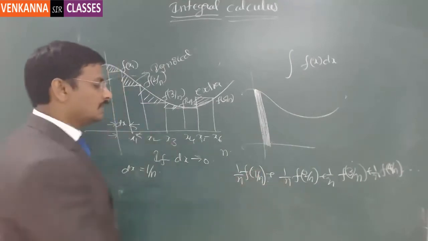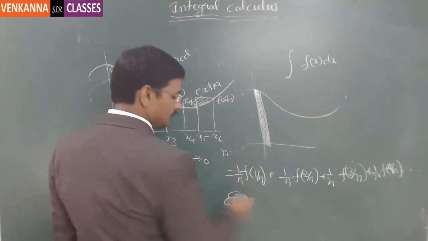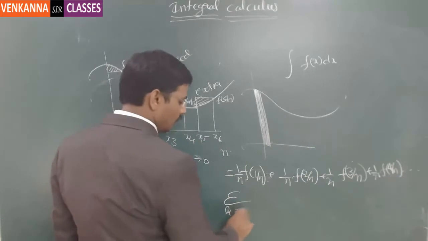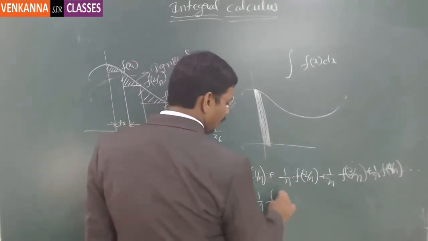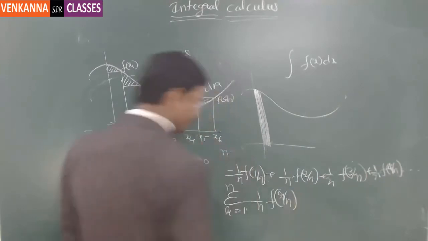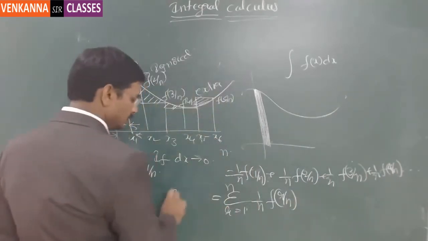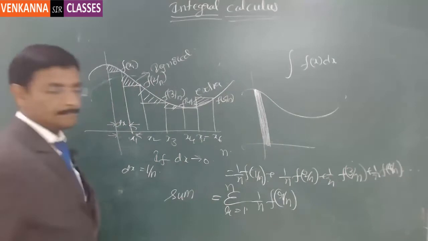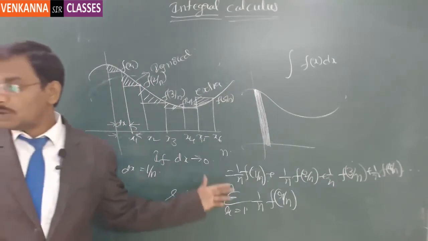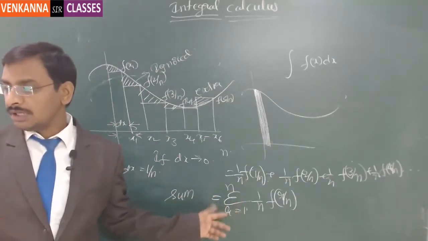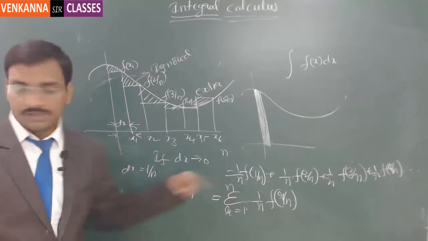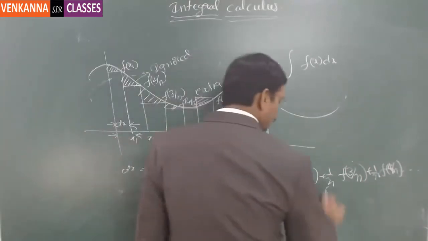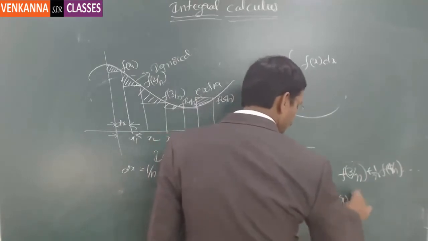Now in general this can be written as sigma r equals 1 to n, 1 by n times f of r by n. And this is the sum of the strips. Now in this, if this n value becomes infinite, then we say this is the integral of f of x dx.